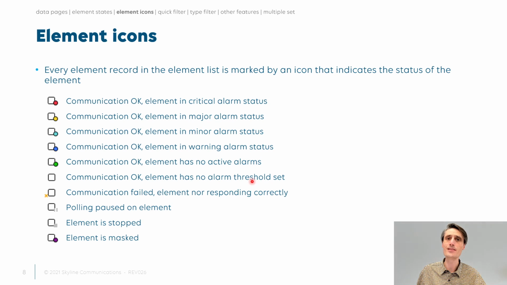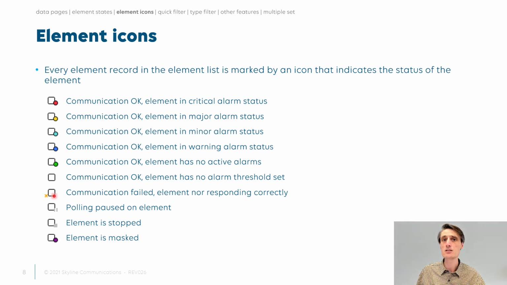You didn't define when the element is okay or not okay, so you didn't put thresholds on things like CPU load or bitrate or signal level. As soon as you activate alarming, we can say, okay, the device is normal, warning, minor, major, or critical. The most severe alarm state will be shown.